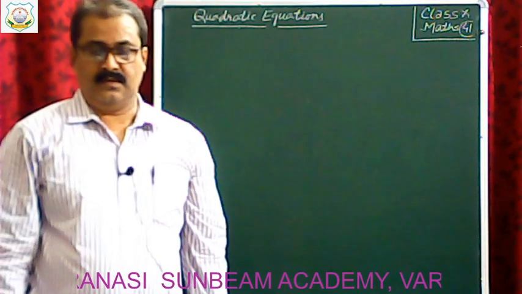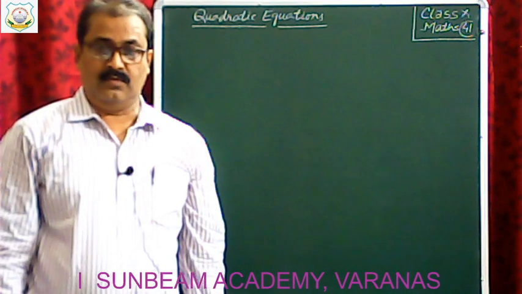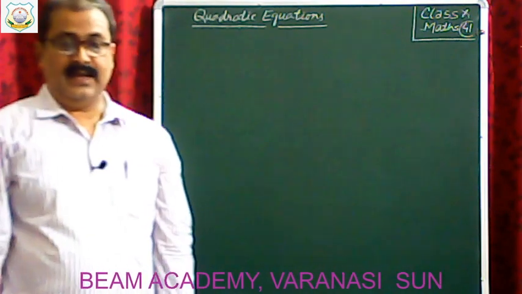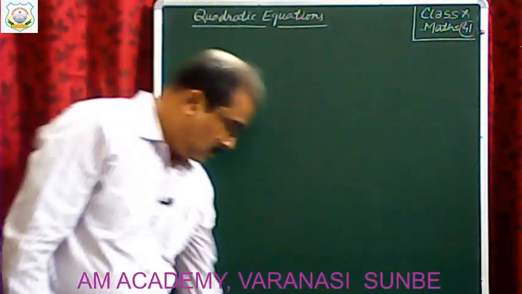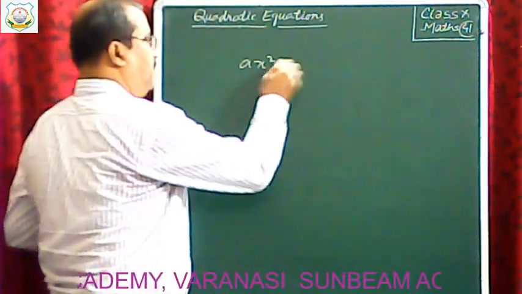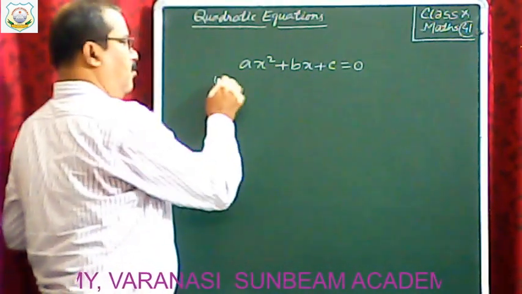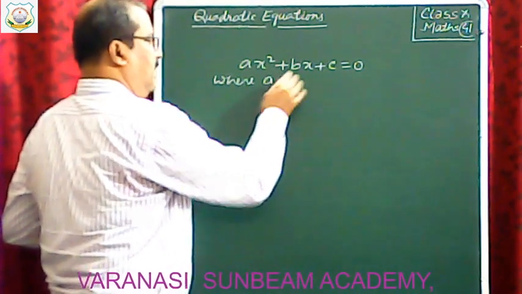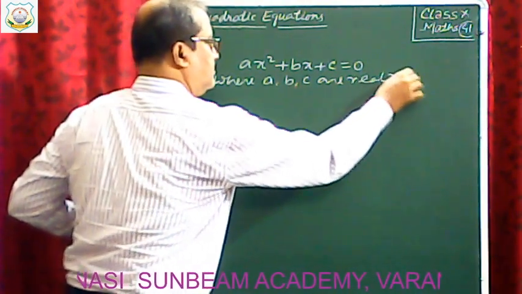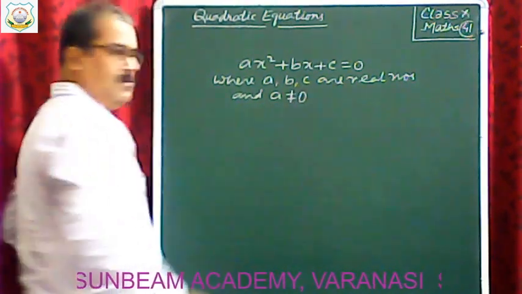Quadratic equations means the equation is of the form ax square plus bx plus c equal to 0, where a, b, and c are real numbers and a is not equal to 0.